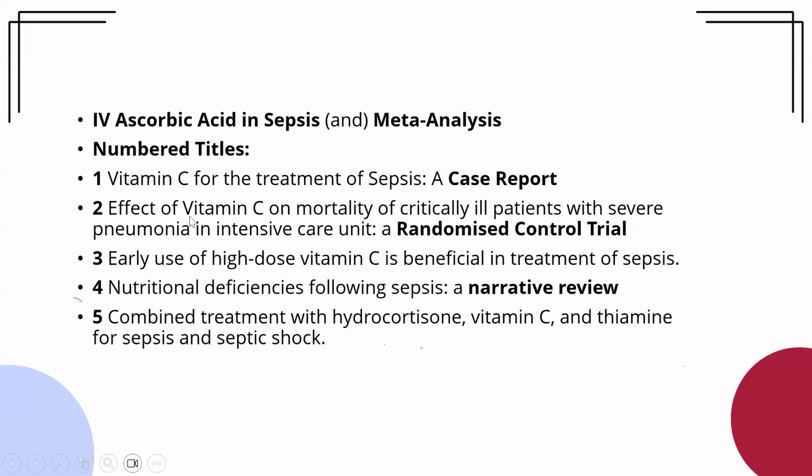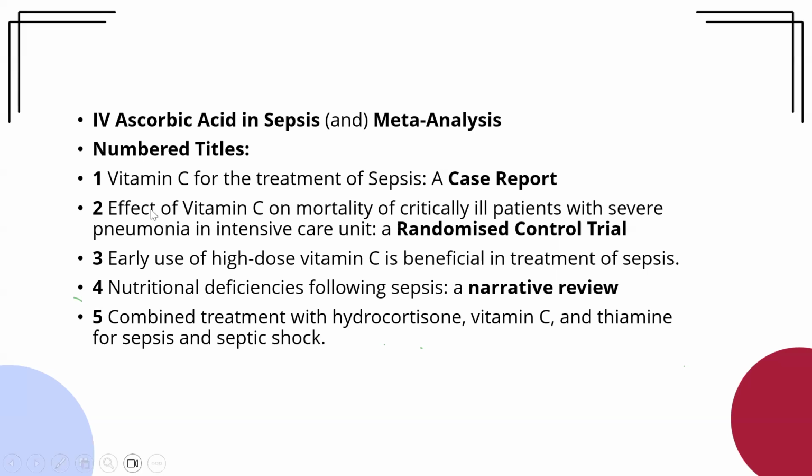but I will not include this. Then we have effect of vitamin C on mortality of critically ill patients with severe pneumonia in ICU, an RCT. And I am dealing with IV vitamin C and sepsis. I will include this study in my primary screening because it can happen that they are checking the effect of vitamin C in sepsis, okay? Because the patients are critically ill. Maybe when I go through the article, I see that they are undergoing sepsis.